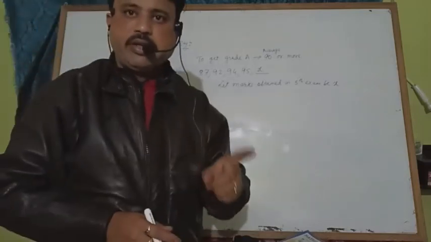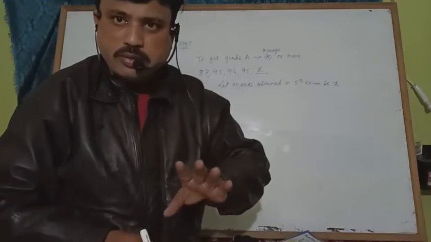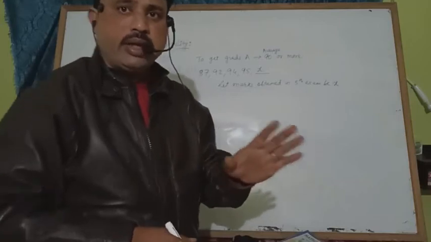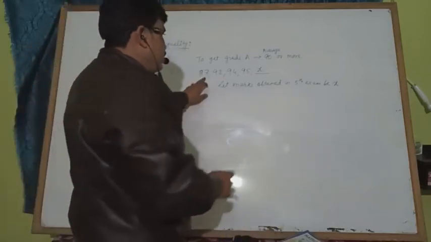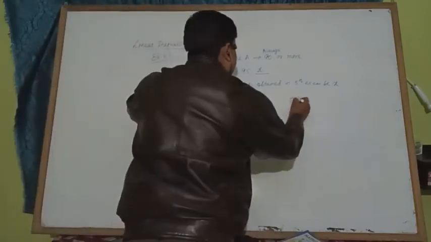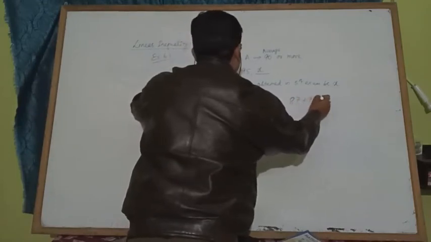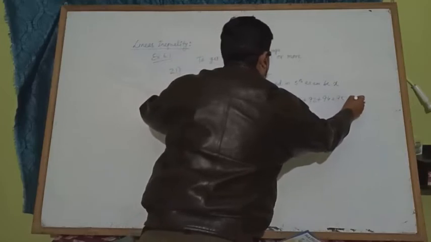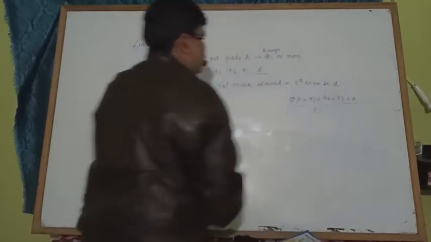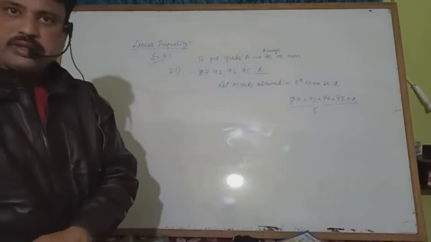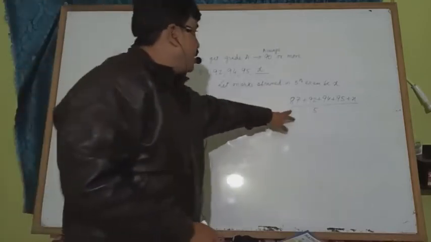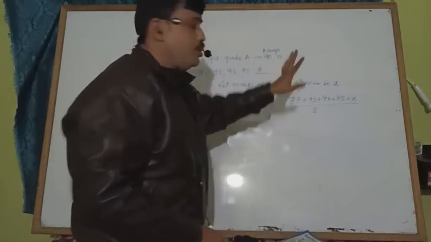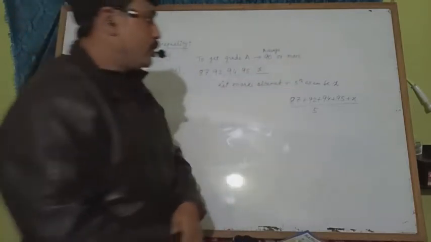You have to add all the numbers and divide by the number of subjects. So it will be 87 plus 92 plus 94 plus 95 plus X, divided by 5. This is the average of these 5 subjects, and to get grade A, the average should be 90 or more. So I am writing 90 here.